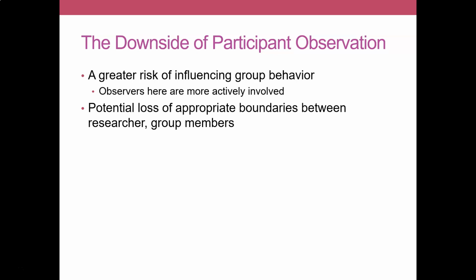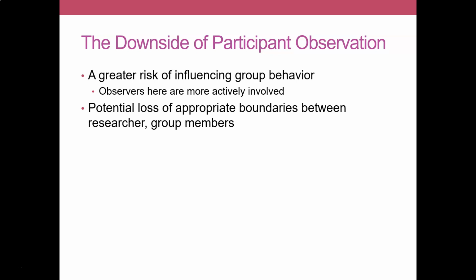But some of the negatives is that, especially if this is undisguised, you are having a greater risk of influencing group behavior. So unlike naturalistic observation, which requires total passivity, participant observation actually requires you to participate and interact with group members, whether that's disguised or not.